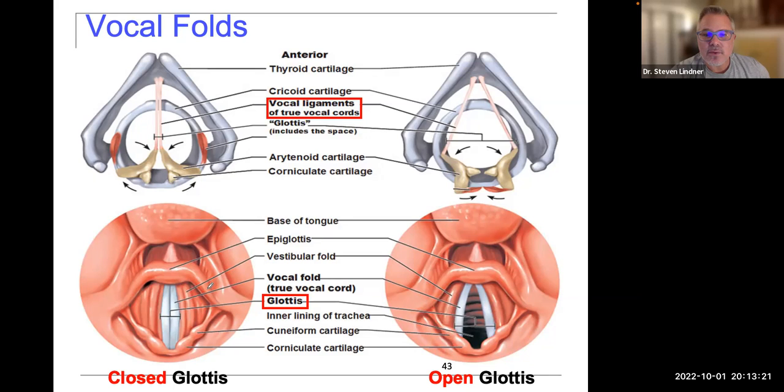Here's the true vocal folds on the left, and you could see them on the right. And here you could see the glottis on the left, and here on the right, it is wide open. Okay, and then you could see the cuneiform and the corniculate cartilages here, which are the same as what we see up here. Here it's just bony. Here you can see the soft tissue covering it.